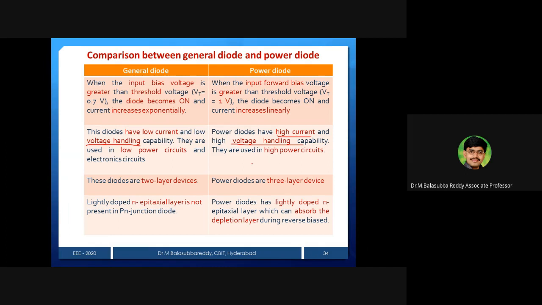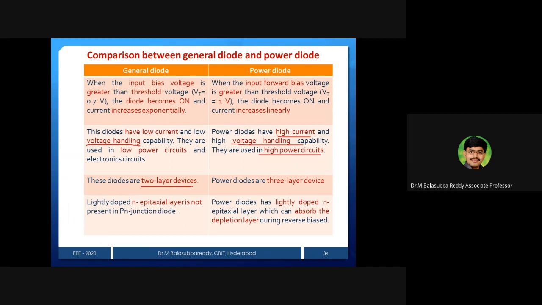In general, the diode will be used in low power circuits, whereas the power diode will be used in high power circuits. In power electronics controllers we use diodes as freewheeling diodes or feedback diodes, in inverters or in rectifiers. All power electronics controllers are high rating, that's why power diodes will be used rather than the general purpose diode.